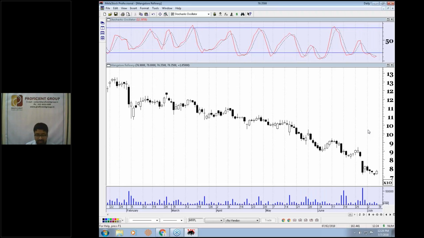So these were the stocks that I intended to show you, some long candidates, some short candidates, and here is a brief recap. If Nifty manages to go above the 10,840, prices are very likely to challenge the all-time high of Nifty, which is at 11,180 region.